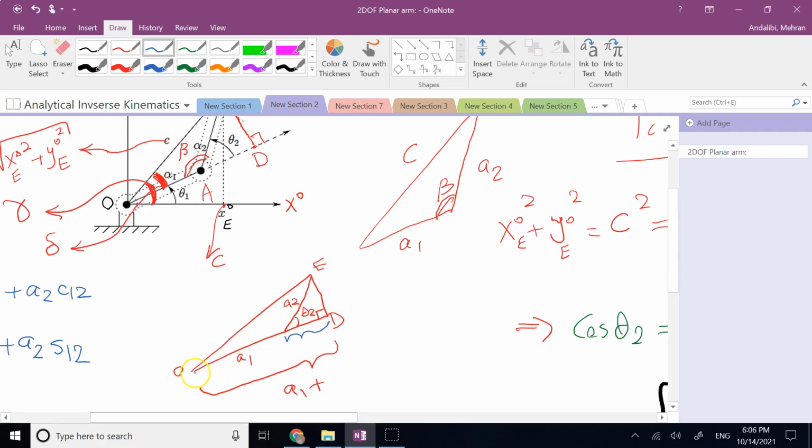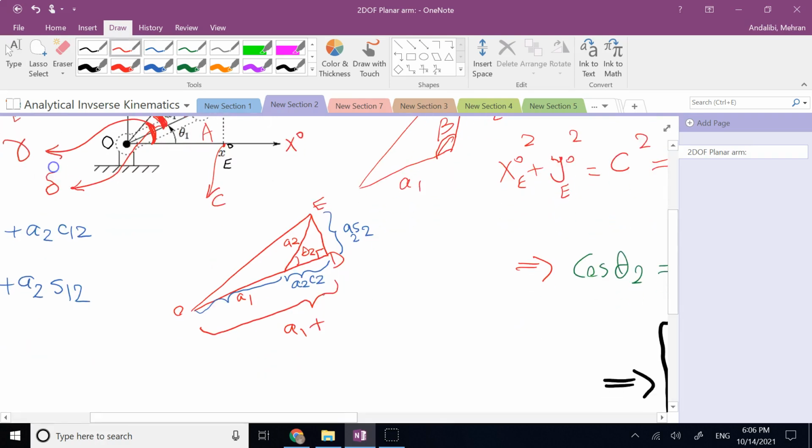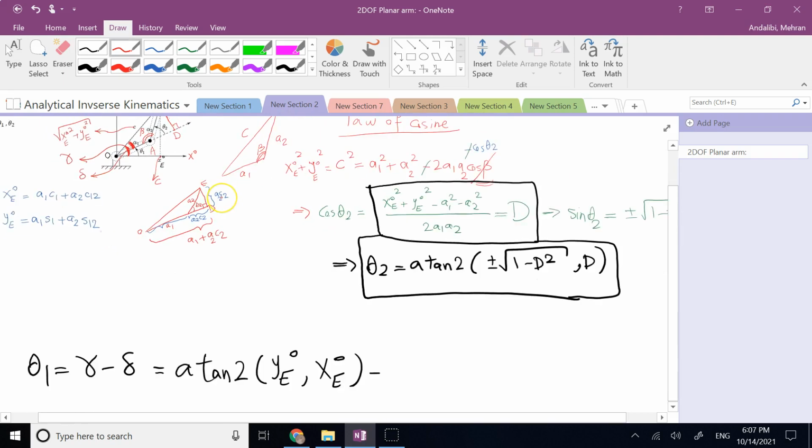Because this is A1 from here to here, plus that is A2, that is theta 2, that is A2 cosine theta 2. And the side opposite to it is A2 sine theta 2. So clearly the whole adjacent is A1 plus A2 cosine theta 2, and the one opposite to it is A2 sine theta 2. So if I pass those two arguments to the arctangent 2 function, A2 sine theta 2 and A1 plus A2 cosine theta 2, that should definitely give me that angle delta.